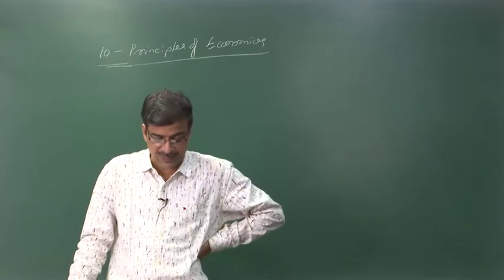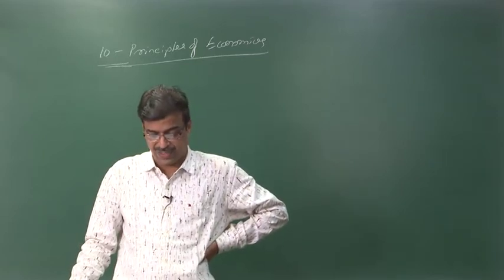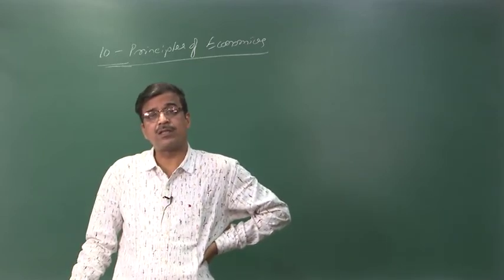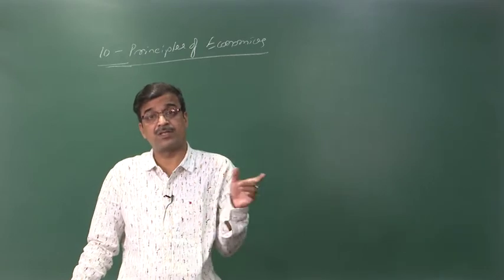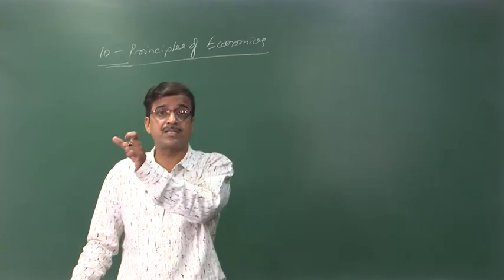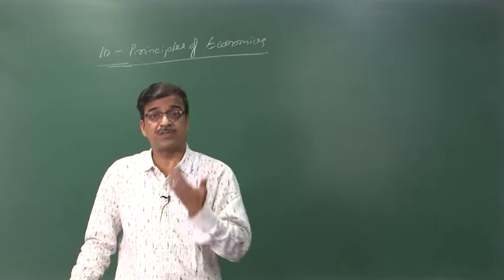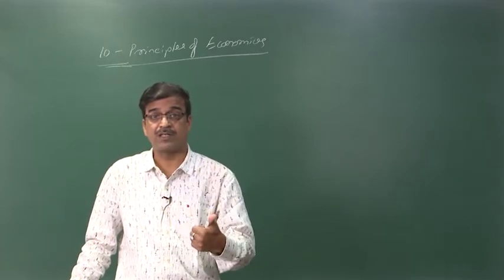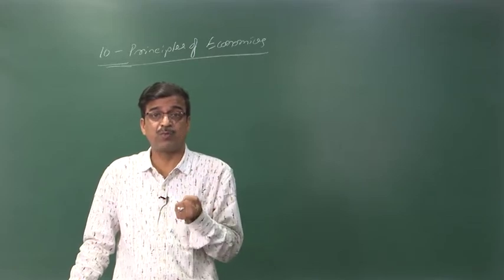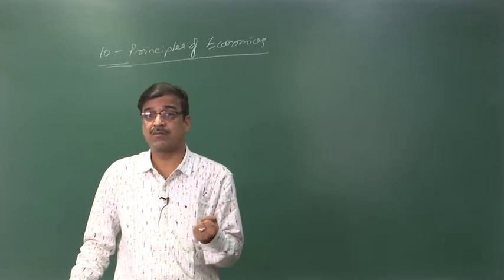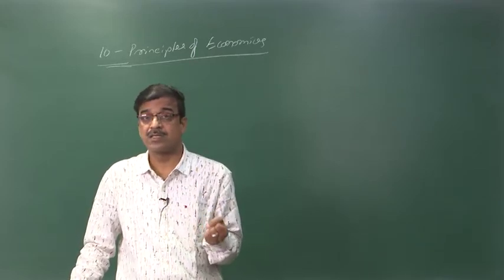The third principle tells us rational people think at the margin. Here the terms are rational and margin. Rational means people think in a positive way; their intention is to acquire more while paying a lower price.